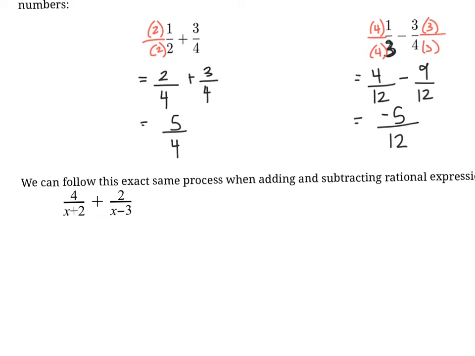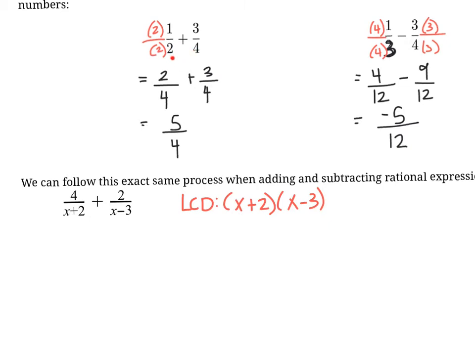So what if I come up with a lowest common denominator of the two of them multiplied together? What if I make the lowest common denominator (x plus 2)(x minus 3)? Similar to what we did up here. We made the lowest common denominator 12, and we came up with that by multiplying the two denominators together. It's not the only way to come up with the lowest common denominator, because here we didn't multiply 2 and 4 together.